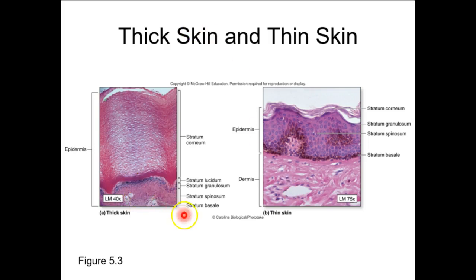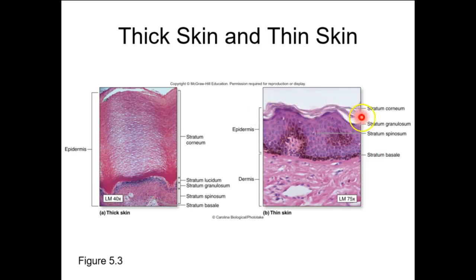So here's thick skin, basement membrane's all the way down here. You can see all of these layers of the stratum corneum, all entirely dead. This is very, very thin skin. I'm not entirely sure where this is. It's not a freckle, or this is a person with a darker skin tone. Histologically, it's impossible to tell the difference, at least as far as I know, between a freckle and a person with darker skin.